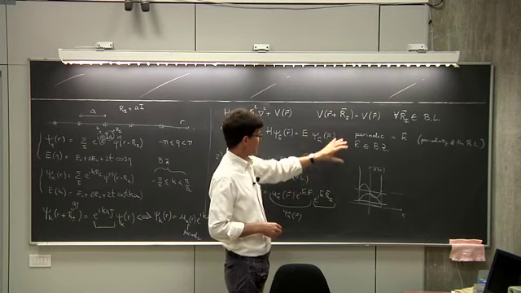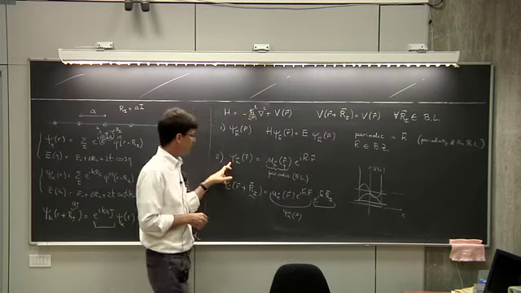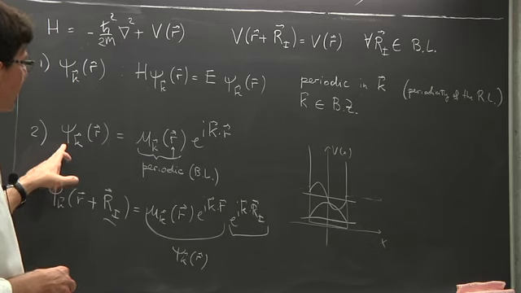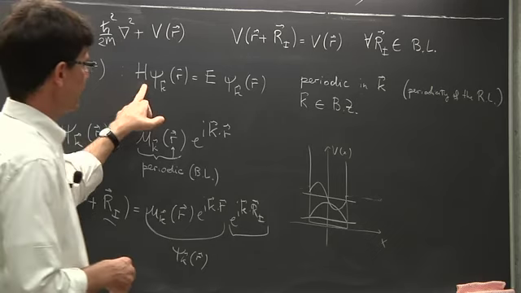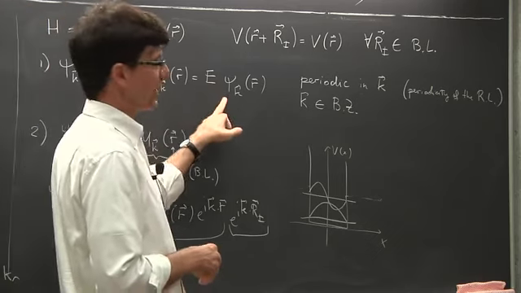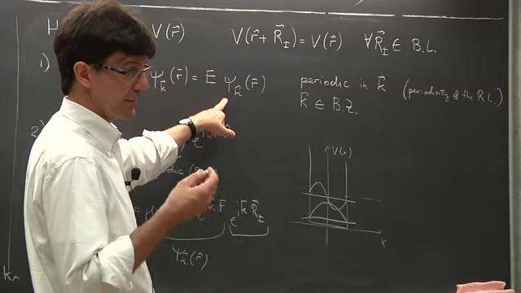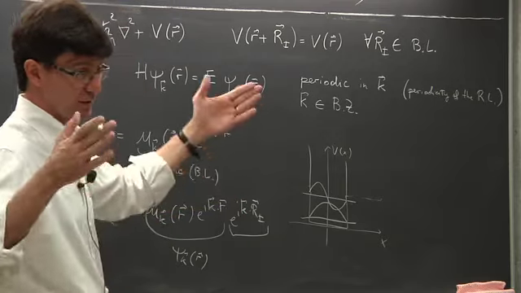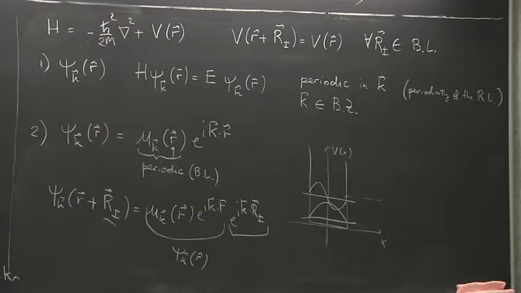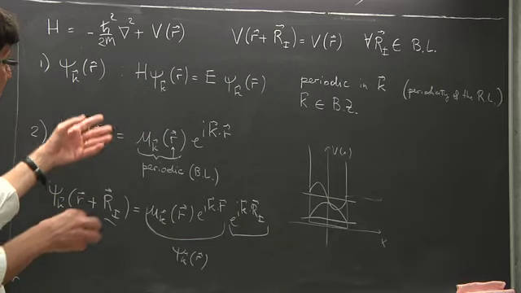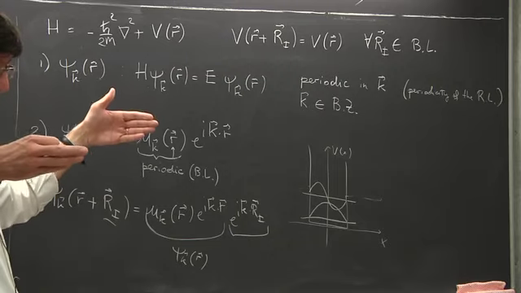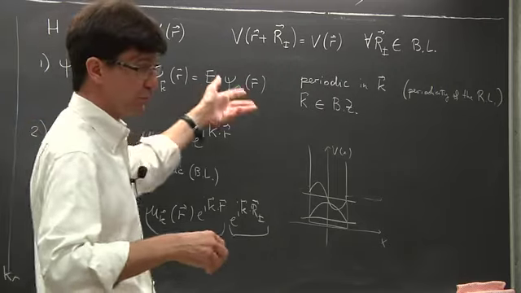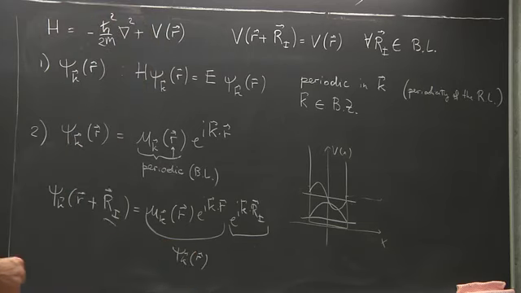This is for an infinite system. Then I can look for solutions of the problem where I'm imposing a real periodicity over a very large n. So instead of using this statement, I'm imposing a periodicity over a very large n, and then I will be able to count the numbers. So it's simply the same argument that we used before.